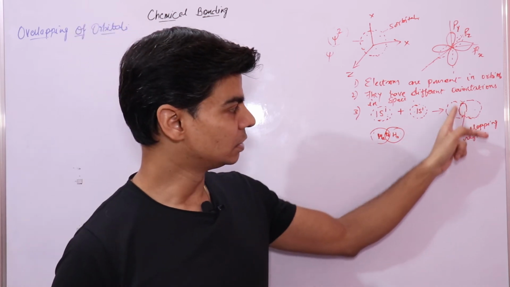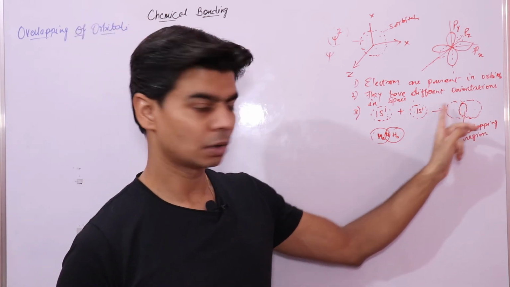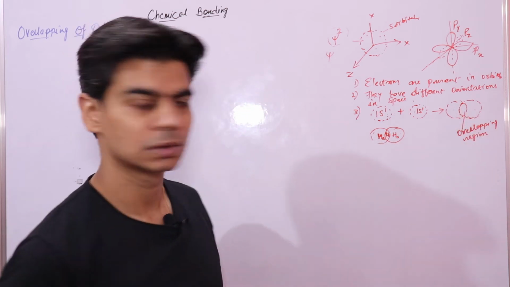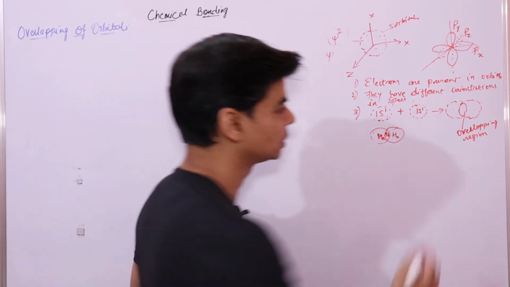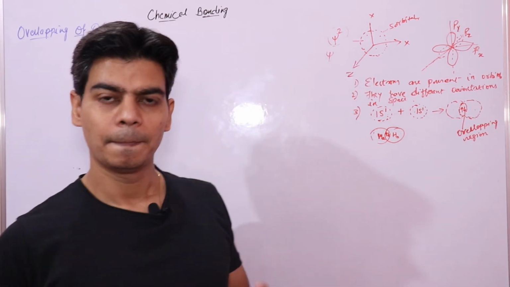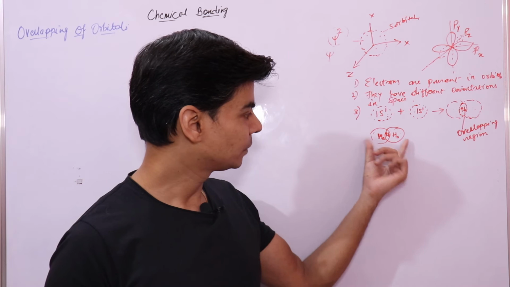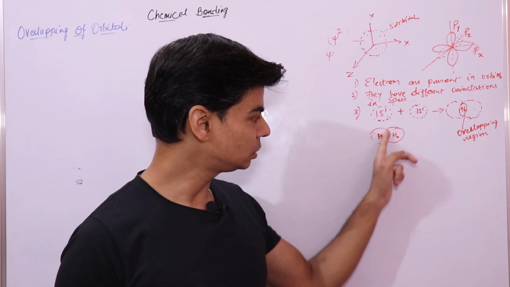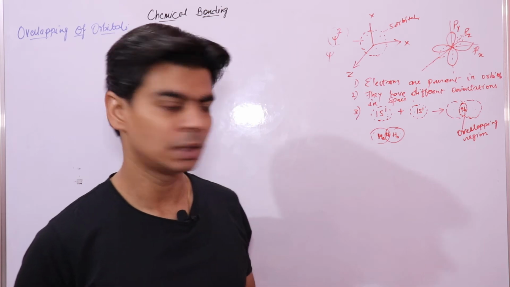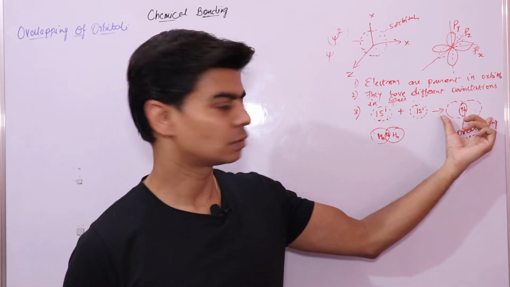So the common overlapping region contains these 2 electrons, which results in bond formation. We know that bond formation is nothing but when electrons are shared between 2 atoms, a bond is formed. So this is how these electrons are shared.